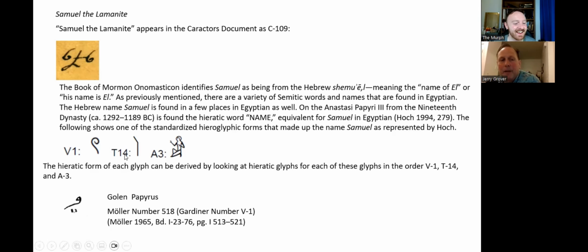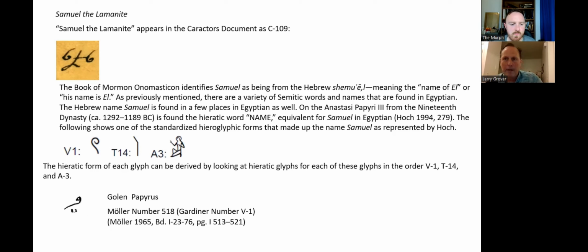So this V1 T14 A3, that is the name for Samuel in Egyptian that you find on this papyri in 1200 BC. So it's a name that was known. And so then I'm just taking that, saying, okay, that is what the Egyptians are telling us Samuel is.